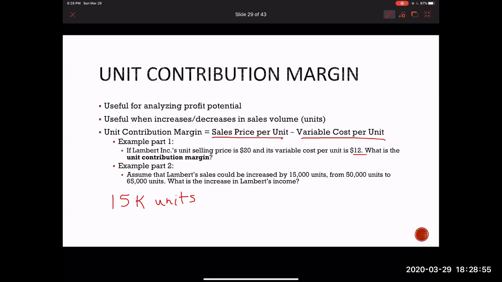We've already figured that our unit contribution margin equals $8 per unit. So to figure out how this would affect income, we do the 15,000 unit increase times our $8 in contribution margin.